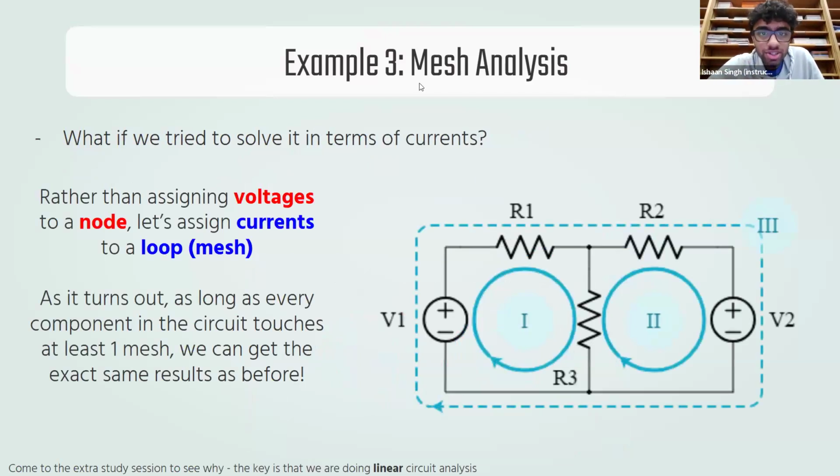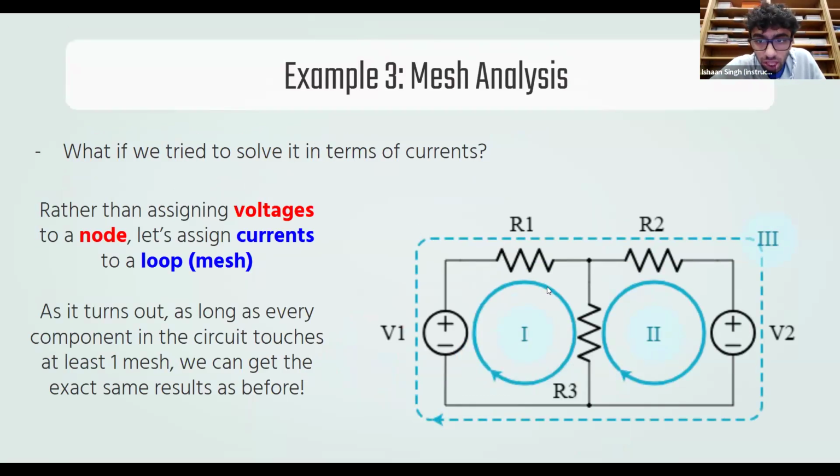Now, as it turns out, as long as every component in the circuit touches at least one mesh, as long as we draw a loop that touches all the components, we get the exact same results. So we could draw these two loops, loop 1 and loop 2, which would probably be the obvious choice, right? Because we see these two squares. But we can also draw a loop around the entire outside of the circuit, and that's fine too.